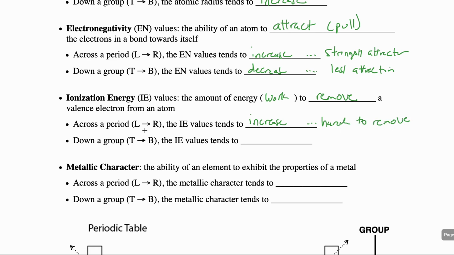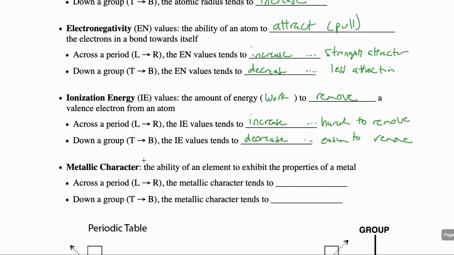Takes more work. Down a group, the ionization energy value tends to decrease, which means it becomes easier to remove that electron.